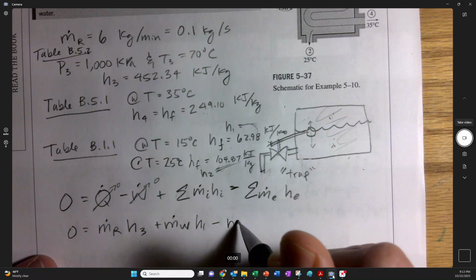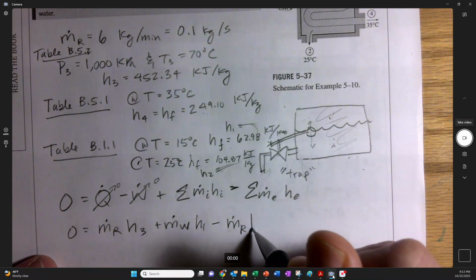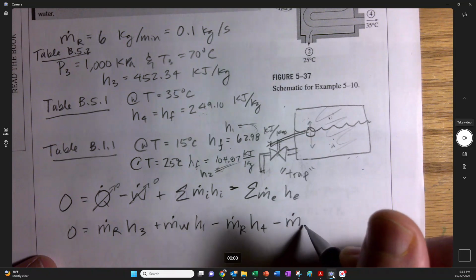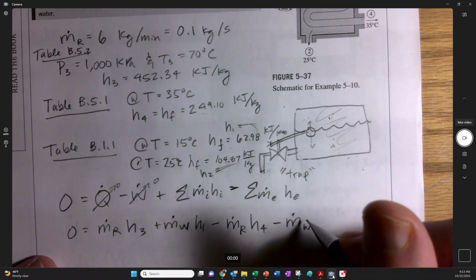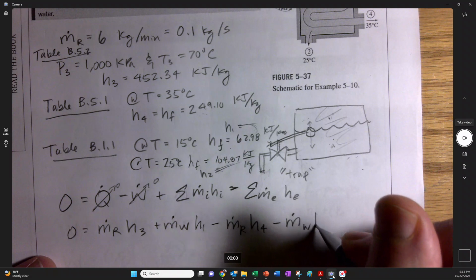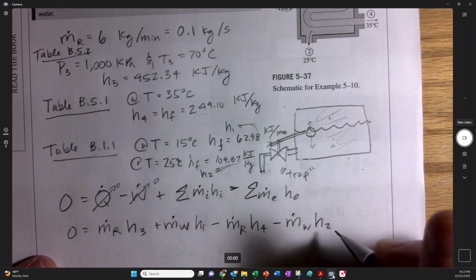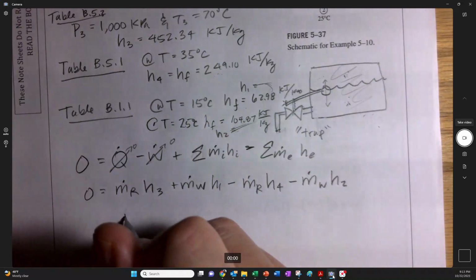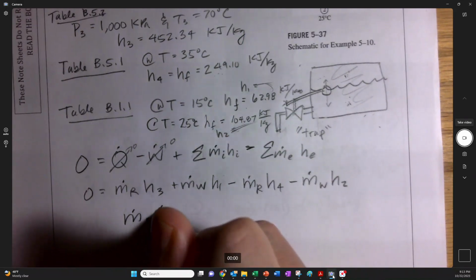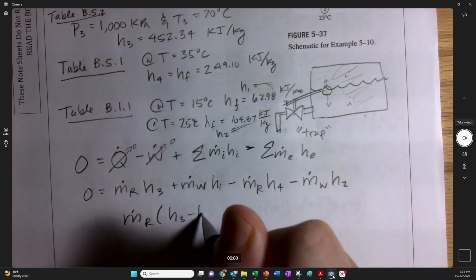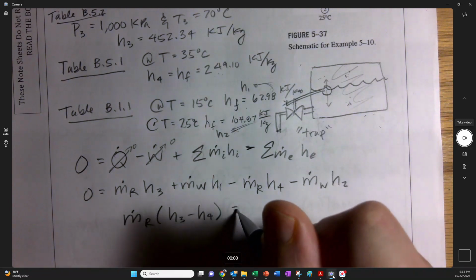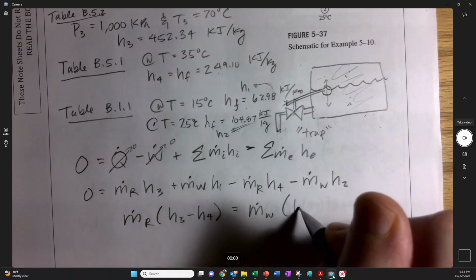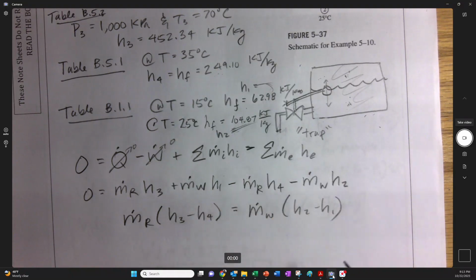Minus m dot R H4 minus m dot W times H2. So I can rearrange these. H3 minus H4 is going to be equal to m dot water times H2 minus H1.